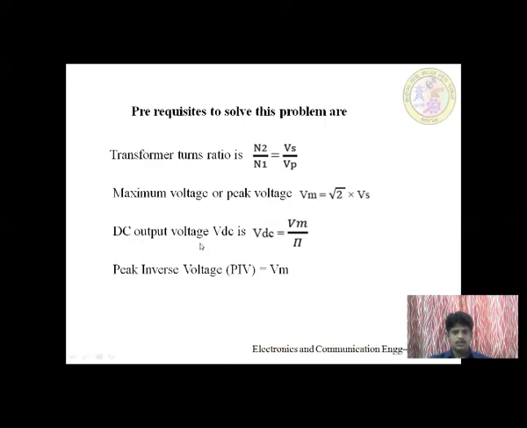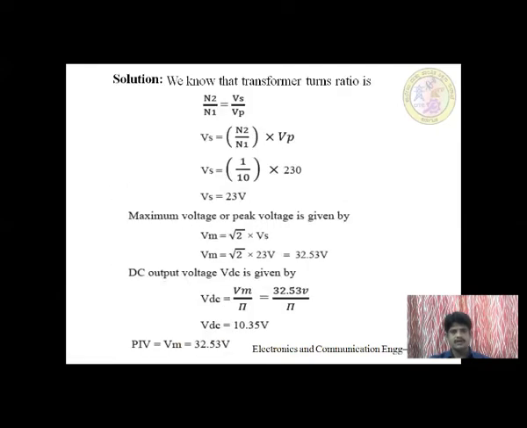Then DC output voltage, VDC, is equal to Vm by pi. Then peak inverse voltage equals Vm. Actually, peak inverse voltage and Vm are both equal, but peak inverse voltage applies only when we connect the diode in reverse bias. So let's solve the problem.